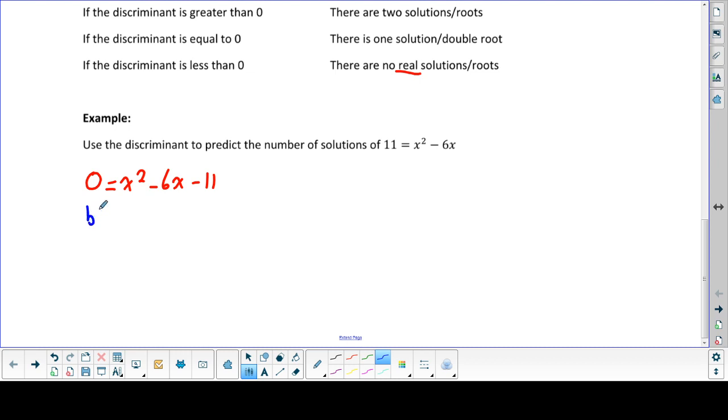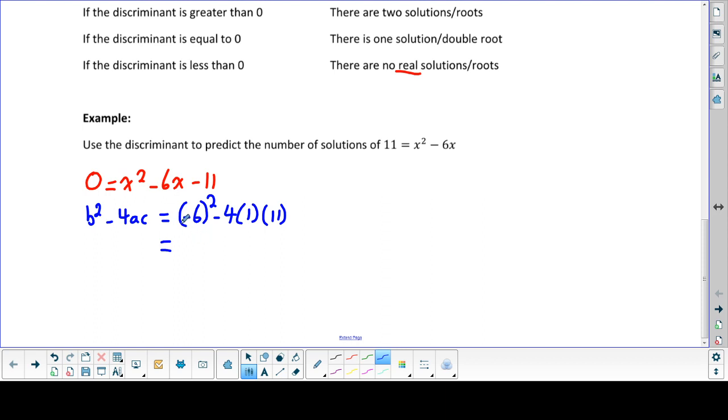So b squared minus 4ac is equal to negative 6 minus 4 times a. In this case, it's going to be 1 times c is 11. So, oh, I forgot the squared.